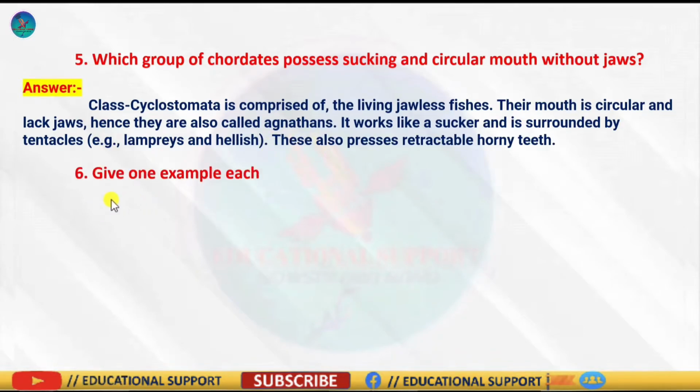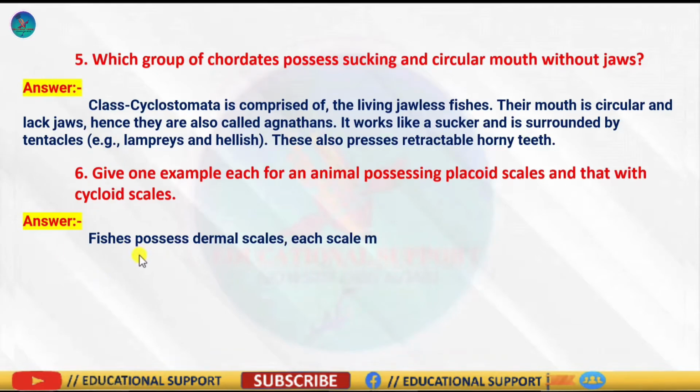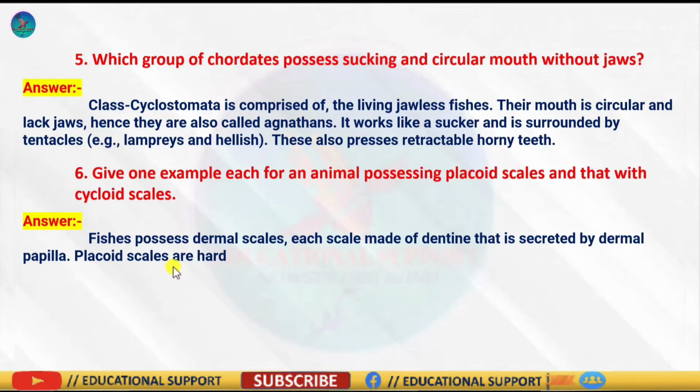Question number 6: give one example each for an animal possessing placoid scales and one with cycloid scales. Placoid scales are hard and microscopic in size; their body is made up of dentine and the exposed surface is covered with enamel.